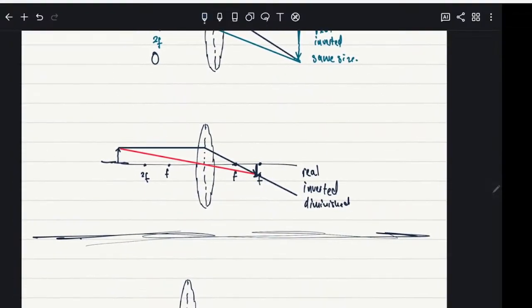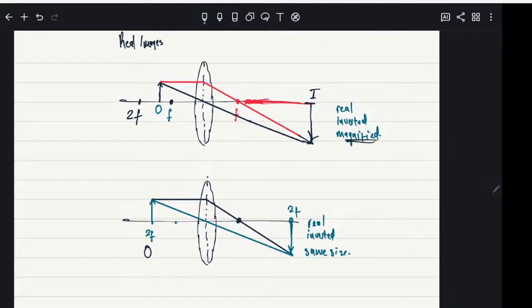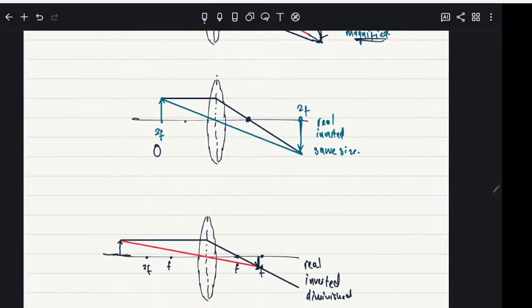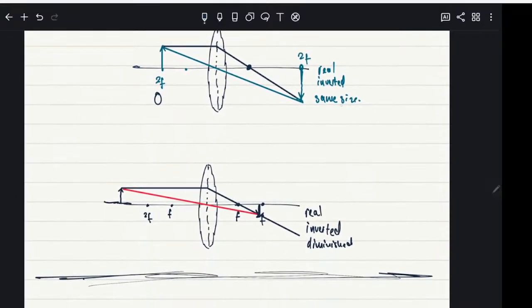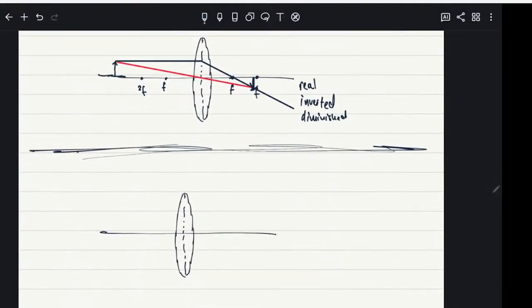What do you get? After the first, it will be a magnified image. Right at the second, it's the same size. Now when you go too far, it's going to be diminished. It's going to be smaller. Am I being heard? Students?